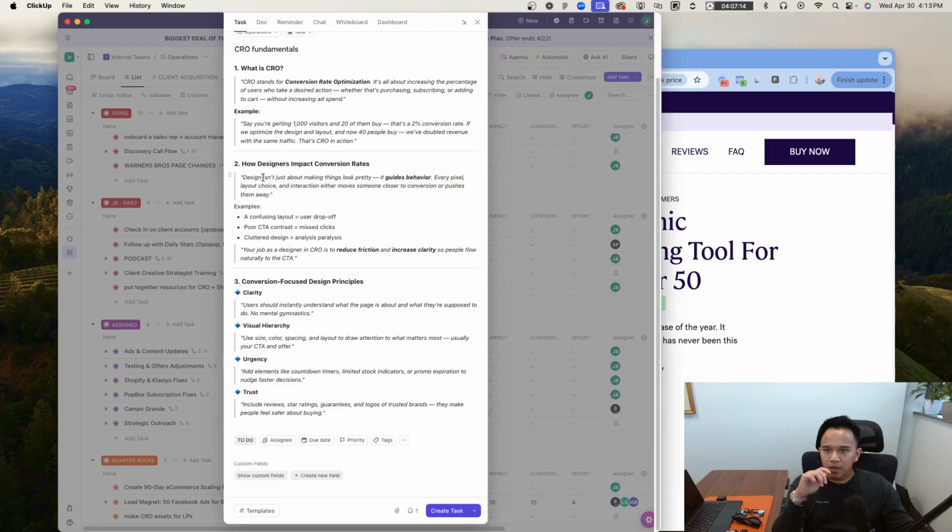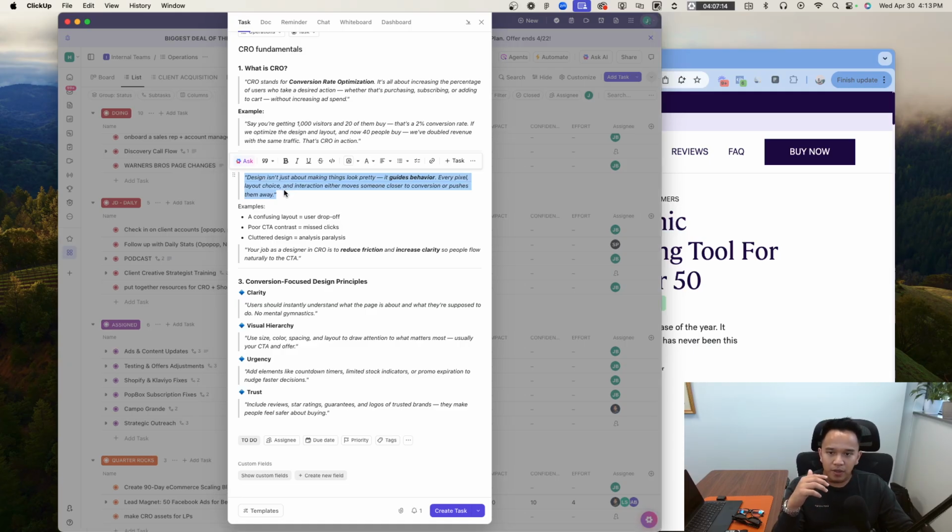So now we ask the question of how designers can impact conversion rates. A lot of people think that designers just try to make things look pretty or make it fit the brand guidelines. But true, really great design should solve a problem. That's the difference between graphic design and fine art, right?